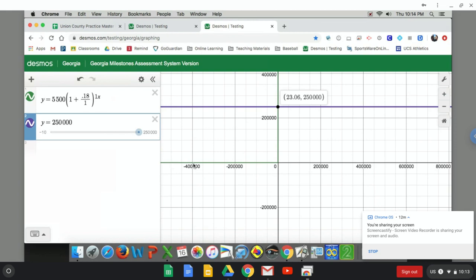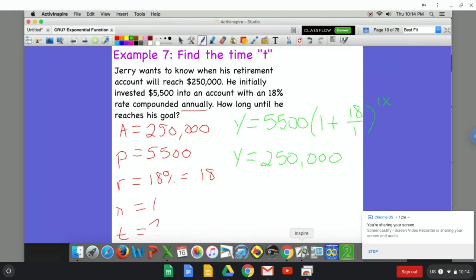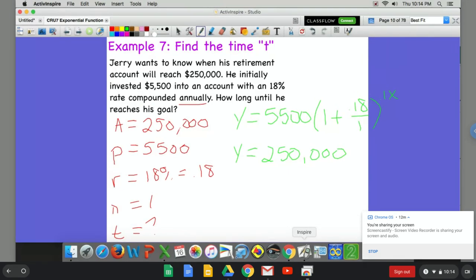So that green line you see will not reach 250,000 until 23.06 years. So you go back, and your x is going to be equal to 23.06 years.